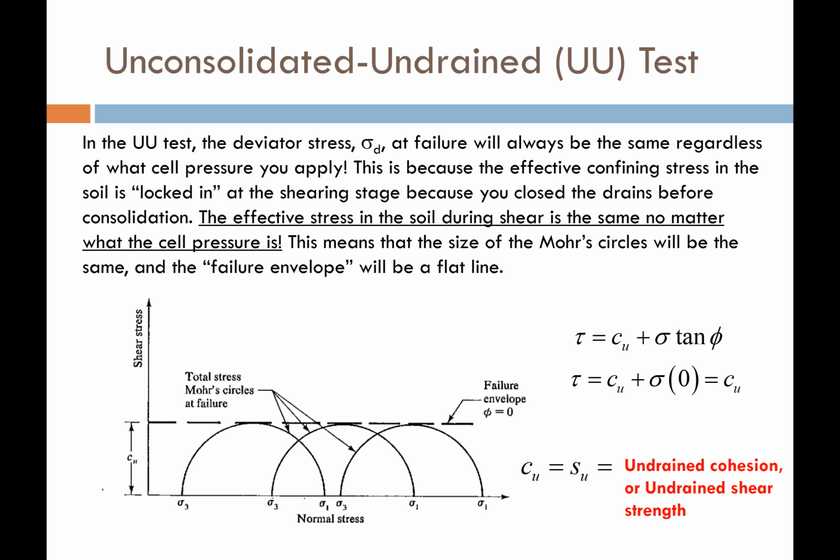With the UU test, the deviator stress that we apply to the soil from the ram at failure is always going to be the same, regardless of what cell pressure we apply at the beginning of the test.